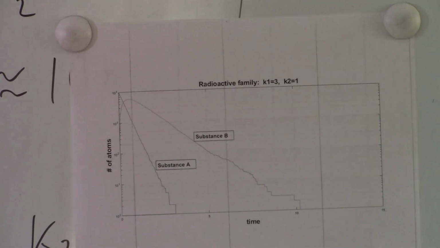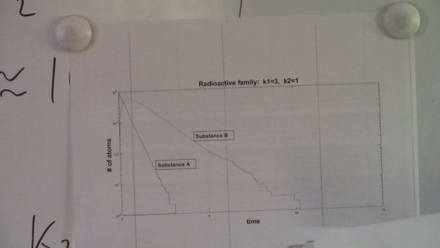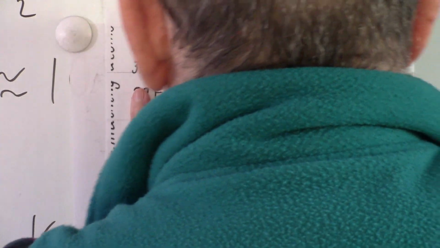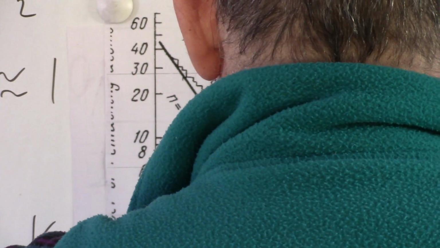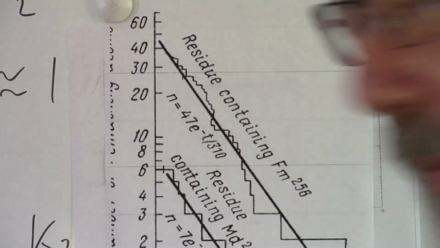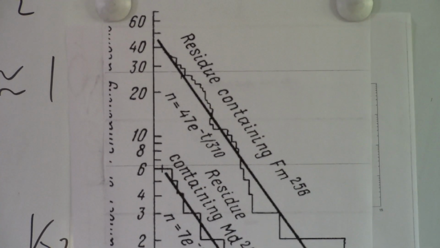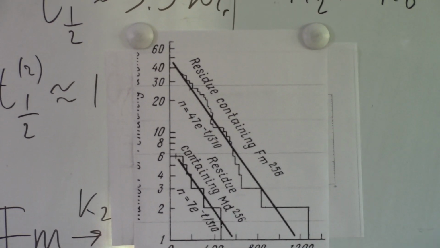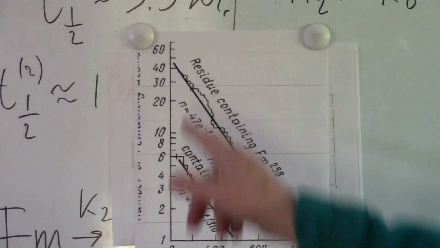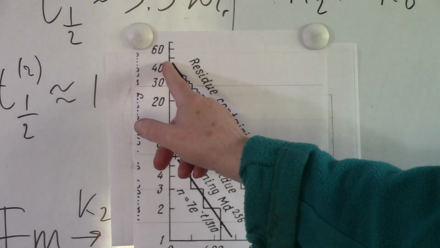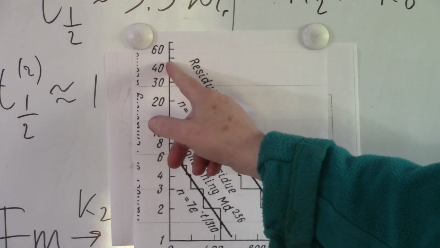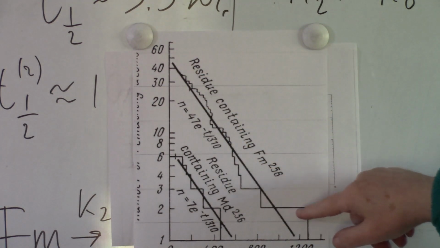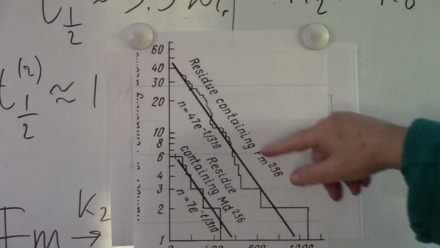Now let me show you the actual picture, the actual result of the experiment. Here it is. Here is one experiment. They initially had 47 atoms of fermium. And you see this curve, it is the number of atoms of fermium as a function of time.